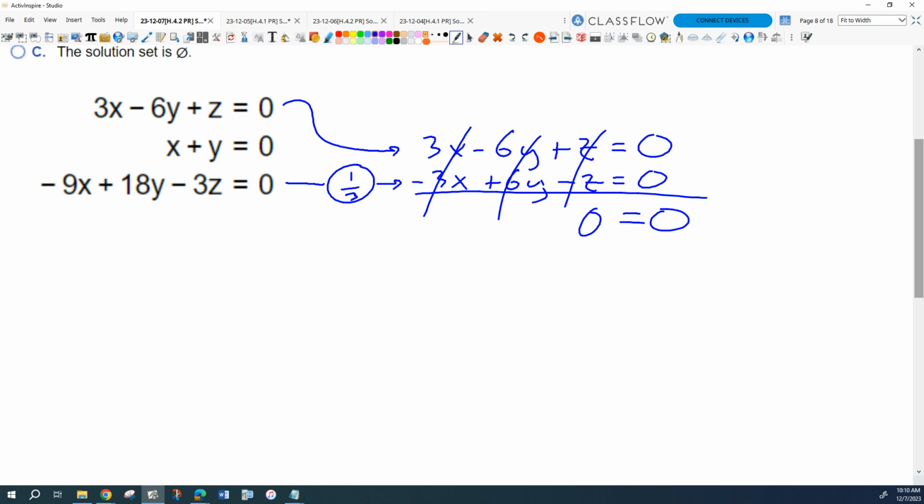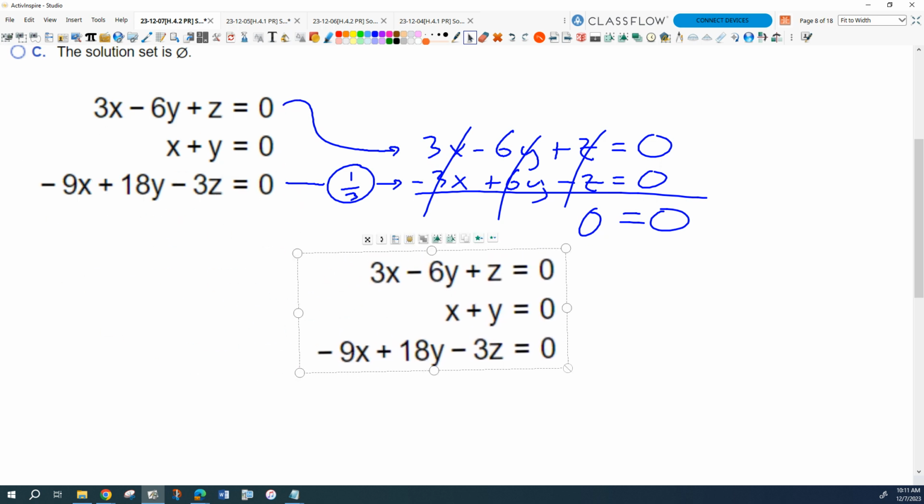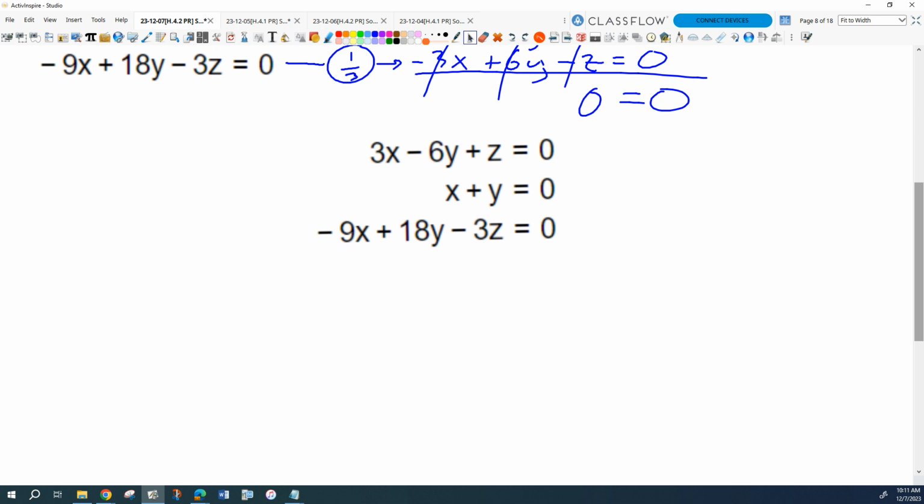So now what do we need to do? Multiply the second one by negative 3, and that way we could eliminate the x's. Okay, so let's do that. We'll take this one by negative 3.